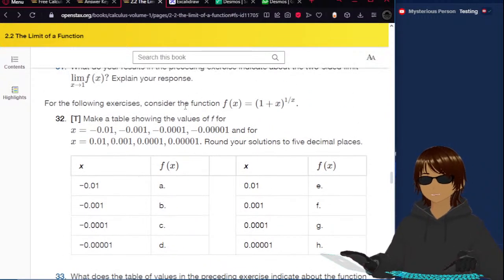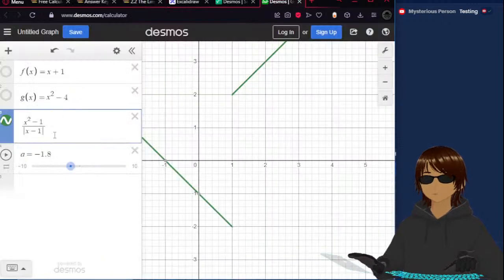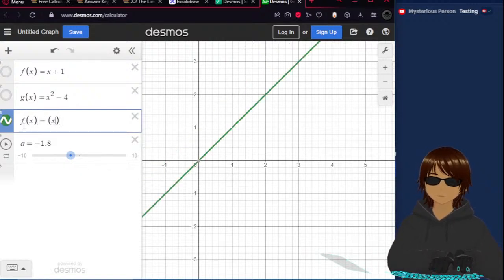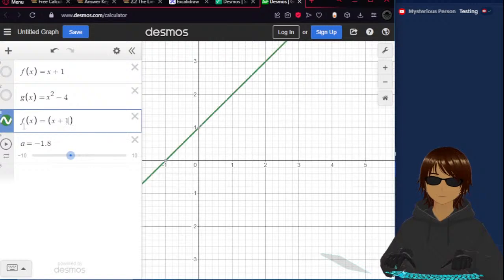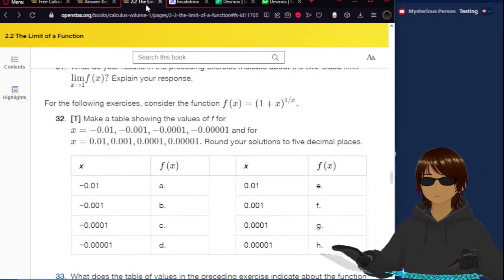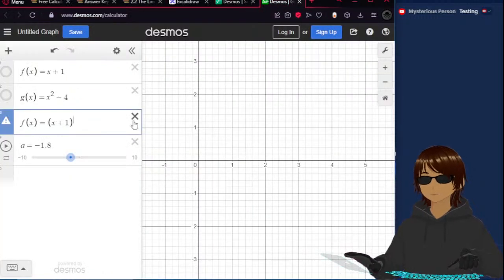For the following exercise, consider the function f of x plus 1 over x.